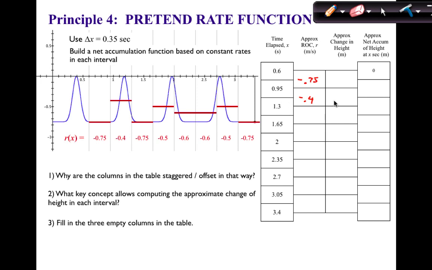Where does that come from? You're saying times it by 0.35? Yeah. So this is our dy, right? This right here is exactly dy, approximate change in height for an interval, and my interval length of time is dx. So these are my mdx's, where the m is the constant rate that I had from that interval.